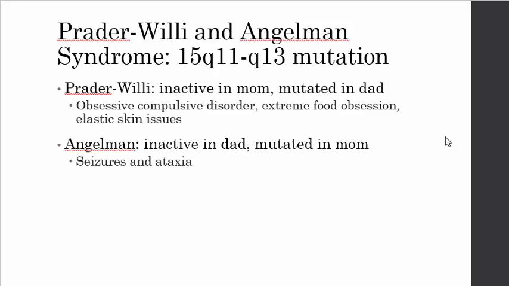If you get that mutation from dad and your gene is inactive in your mother, what you will find is that they have Prader-Willi syndrome, PW syndrome, and they have really strong obsessive compulsive disorders, extreme food obsession, and elastic skin issues.